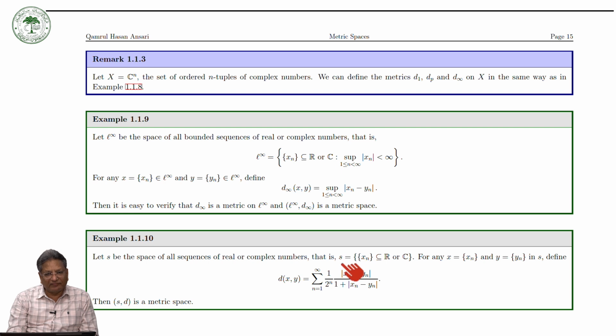But we can define another function: d of x, y equal to the summation from n equal to 1 to infinity of 1 over 2 raised to the power n, times mod of xn minus yn divided by 1 plus mod of xn minus yn, where x equal to xn and y equal to yn are sequences of real or complex numbers. Now look here, sir. Why did we consider this term over here?